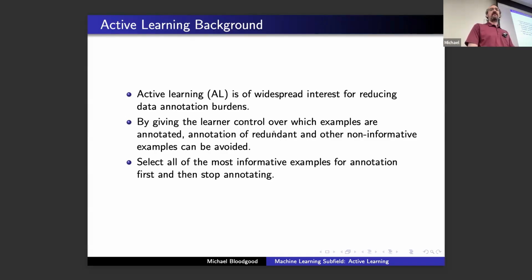So the annotation of redundant or otherwise non-informative examples can hopefully be avoided or at least minimized. So the goal is this last point. We want to select all of the most informative examples for annotation first, and then we want to stop annotating and not waste human expertise or time on annotating data that we don't need.